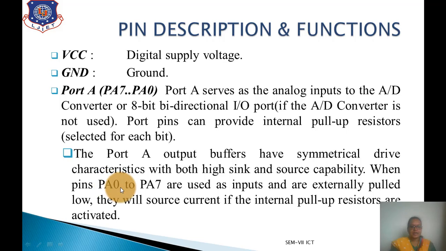When pins PA0 to PA7 are used as inputs and are externally pulled low, they will source current if the pull-up resistors are activated. If the pull-up resistors are high, then the current will flow and that pin or bit will work as an output pin.